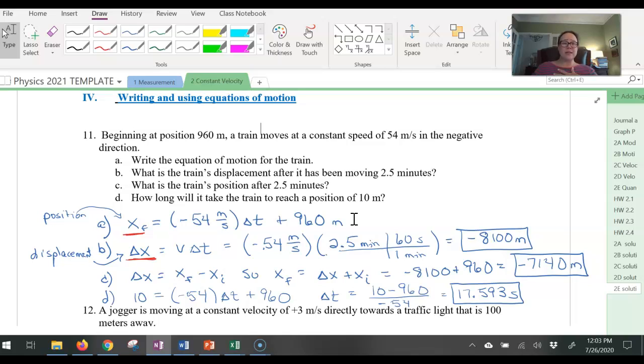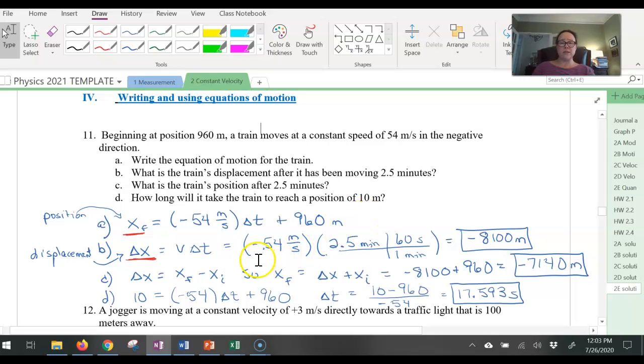So this question is asking me for displacement. And the common equation that we've used so many places that involves displacement is the equation that gives us average velocity. Average velocity is displacement divided by time, or if I shift that around, displacement equals velocity times time.